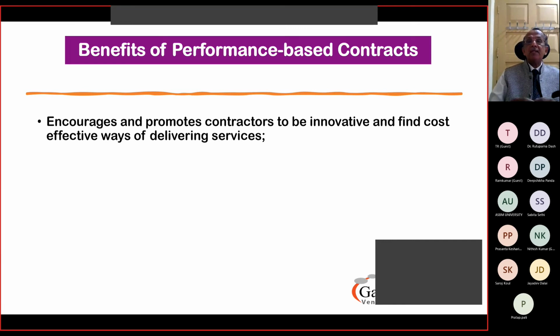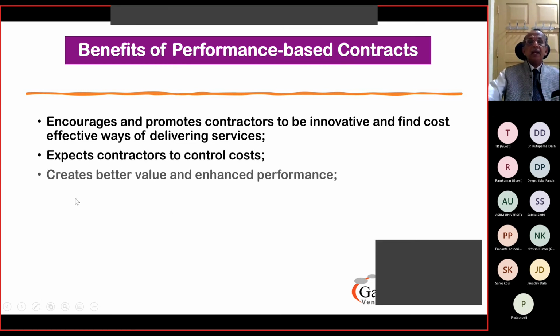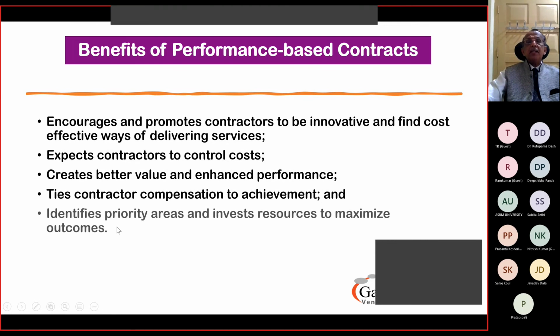They have to be very concerned about what cost is going to be incurred. It expects the contractors to control costs, creates better value and enhanced performance, and ties contractor compensation to achievement. So the contractor will be paid only if he delivers the desired outcome. It identifies priority areas and invests resources to maximize outcomes.